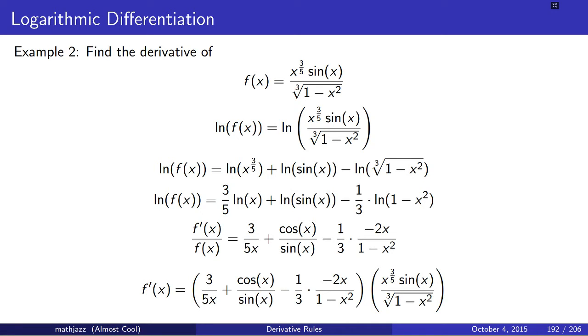F prime of x equals the quantity 3 over 5x plus cosine of x over sine x minus 1/3 times negative 2x over 1 minus x squared, whole quantity multiplied by x to the 3/5 times sine of x over the third root of 1 minus x squared. And this was probably easier than doing a quotient rule and a product rule.